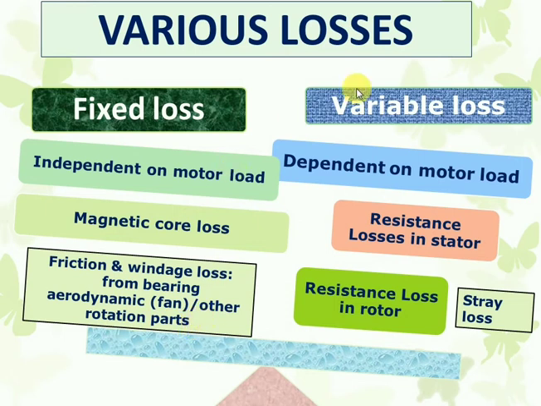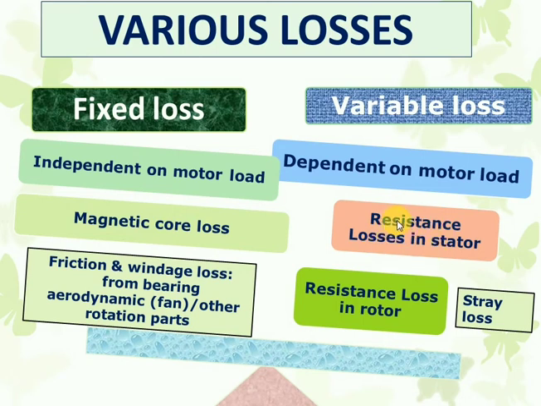Variable loss will depend on the motor load. If we increase the motor load, that is, the equipment which is connected to the motor, if we increase the load in that drive, the resistance loss in the stator will increase because the power throughput to the stator will increase.